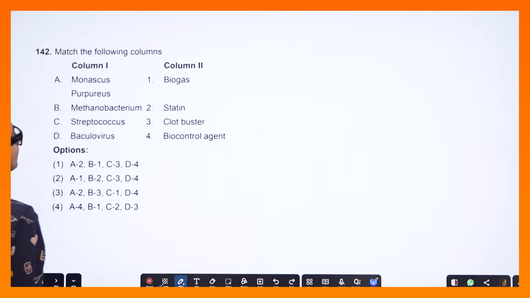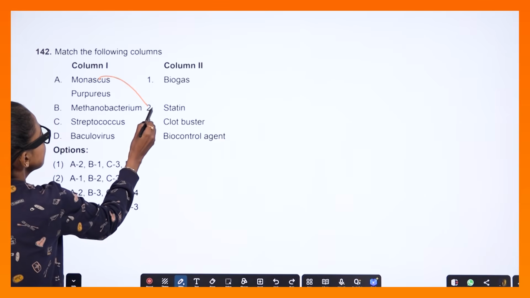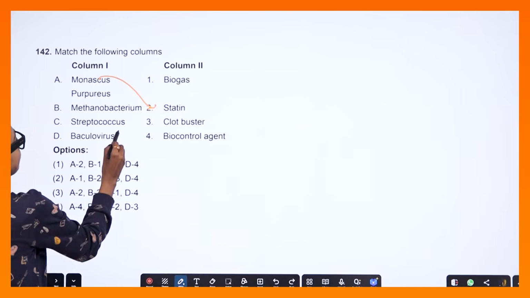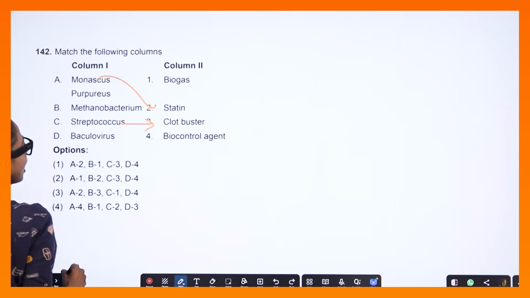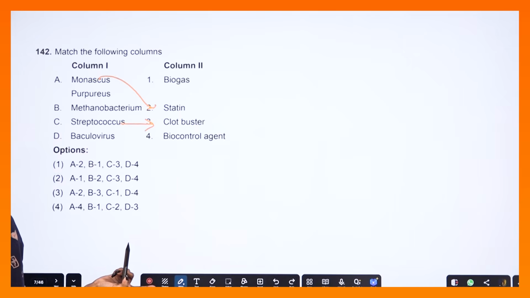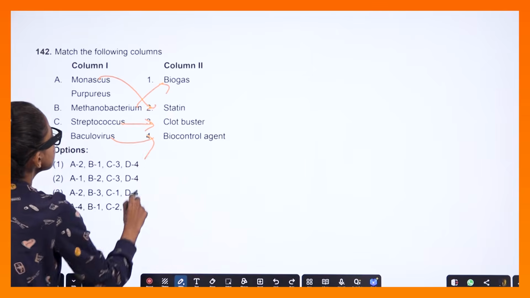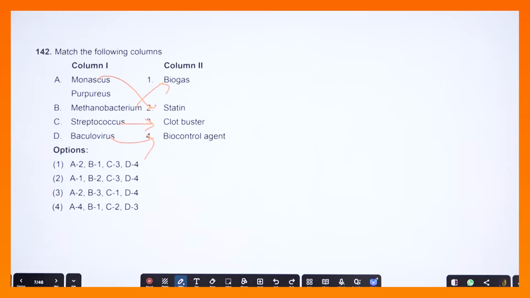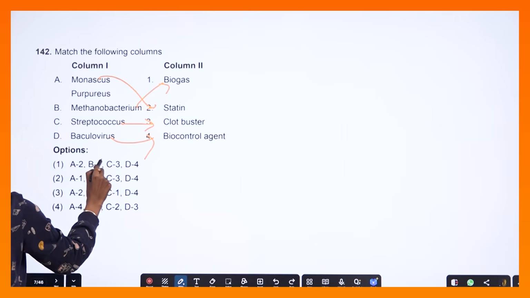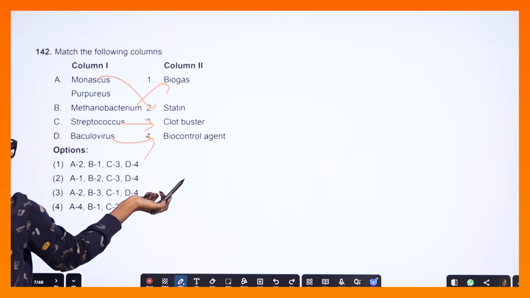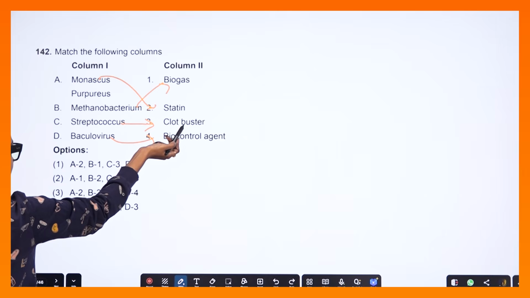Monascus, again the same thing. So it's Monascus purpureus statin. Okay. Streptococcus, clot buster. It produces streptokinase. Methanobacterium biogas. Baculovirus, a biocontrol agent. So Monascus purpureus statin, A2, Methanobacterium B1, Streptococcus produces streptokinase, that's a clot buster.